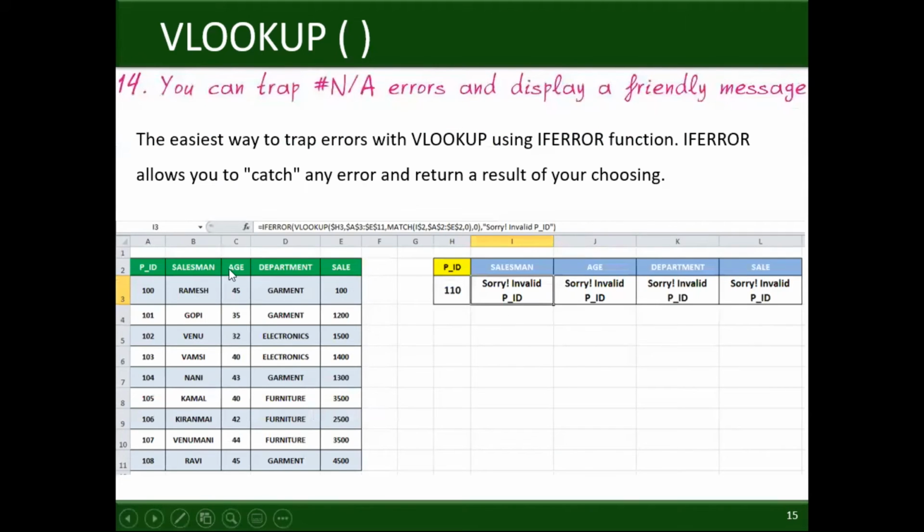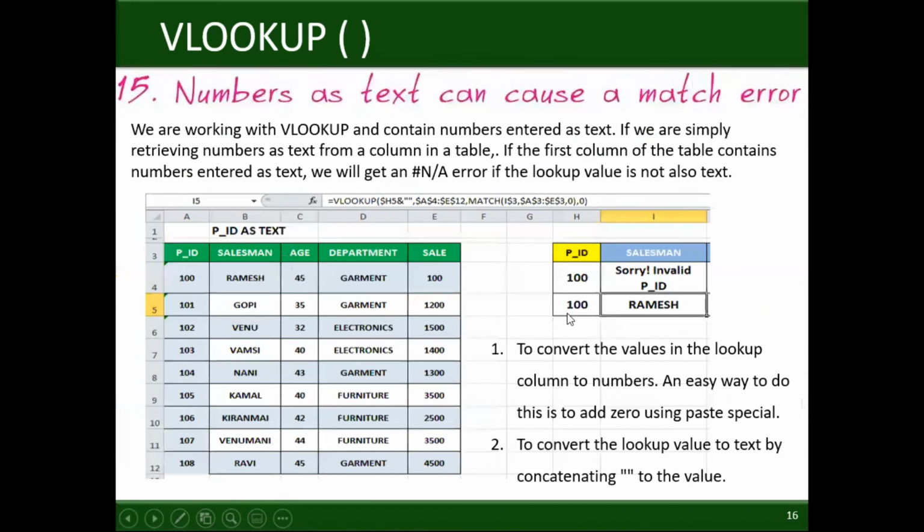Okay. So I explained that when the data we gave as numbers has been converted into text, it displays an error. If you want to overcome this, you must put it in as text. That's why I am displaying it here. When I convert it into text, we get the correct result like this.